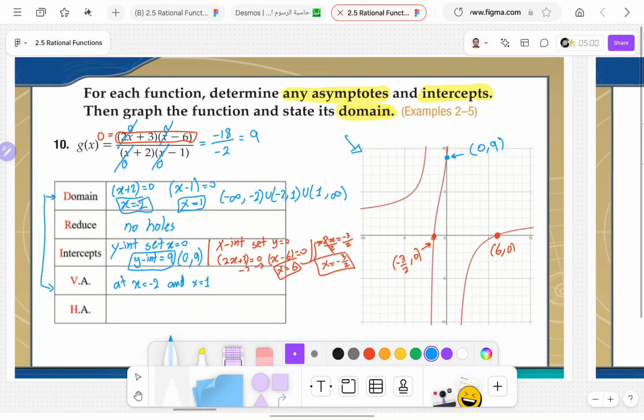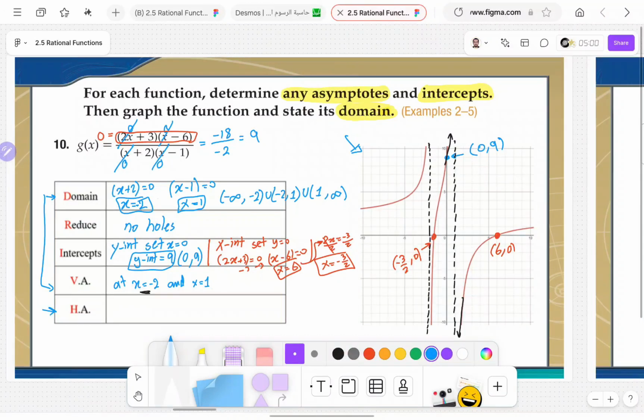After we identify x equals 1 and x equals negative 2, as you can see, if I graph a vertical asymptote at 1, the graph goes close to the vertical asymptote, but it will not touch it. Then also x equals negative 2, this is negative 1, so it should be here. And as you can see, the graph will go close to negative 2, but will never intersect with the vertical asymptote.